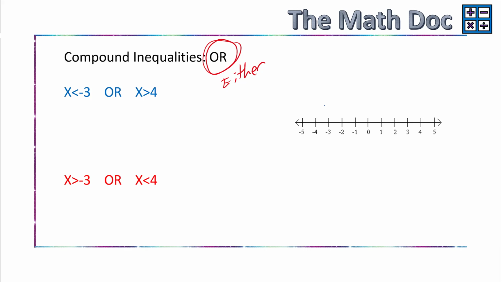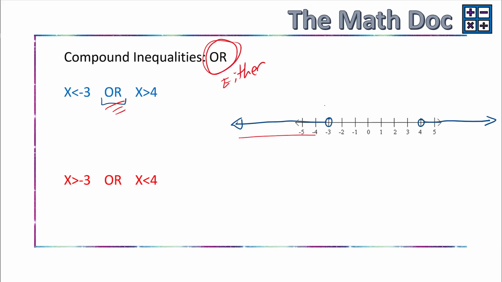So in this top example, we have a compound inequality, again with an or requirement. The first one is x is less than -3. So let's put that on the number line, -3, x is less than -3, or x is larger than 4. Okay, so here's 4, and for any x larger than 4, this inequality holds. Now, since we have an or requirement here, we really are looking for x's that solve either one of them.